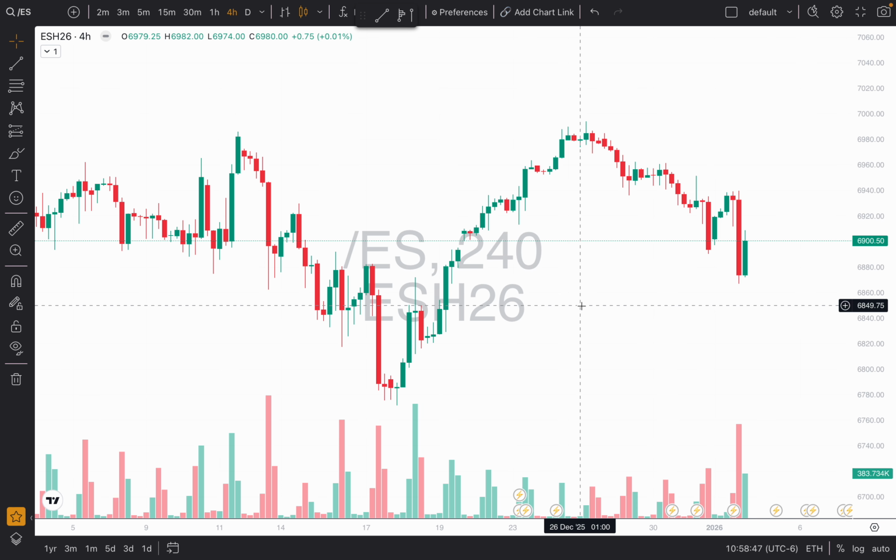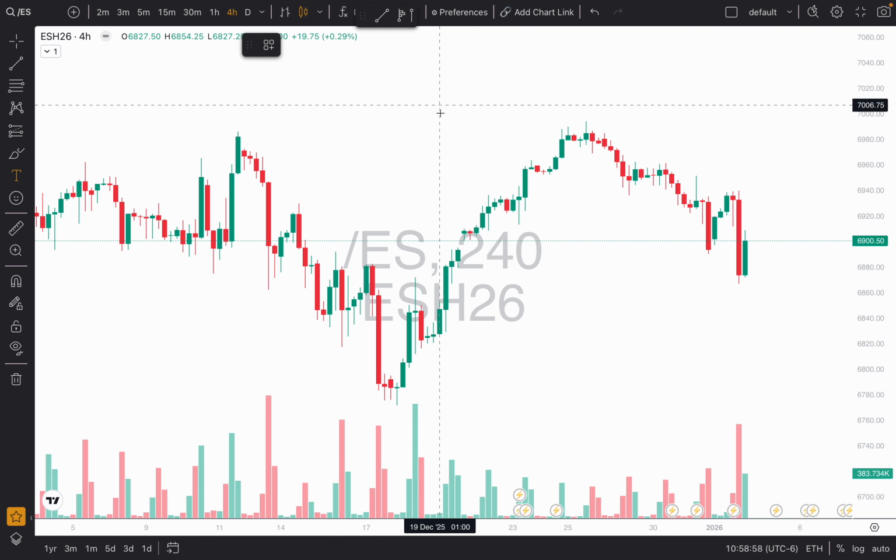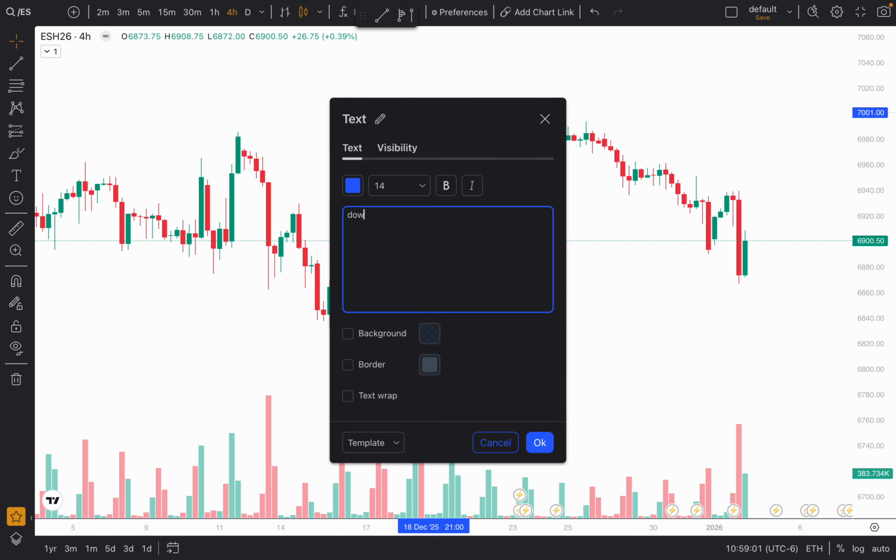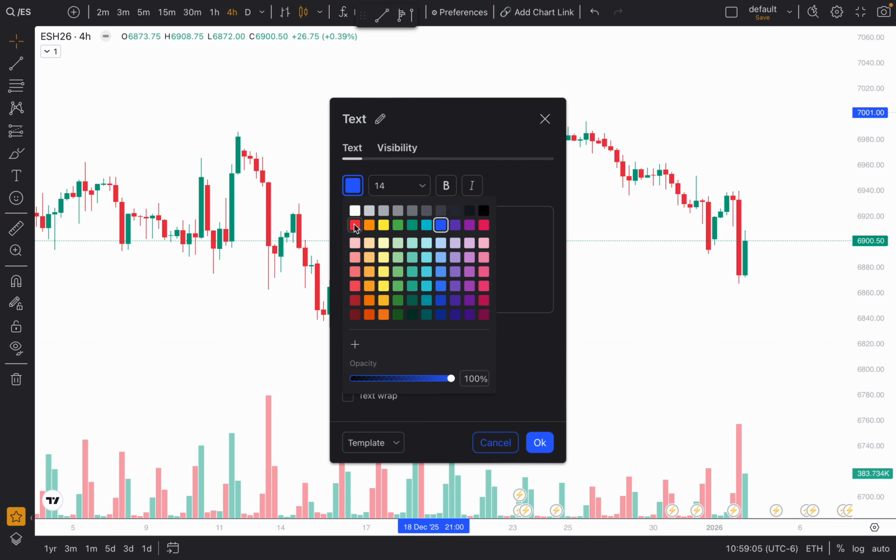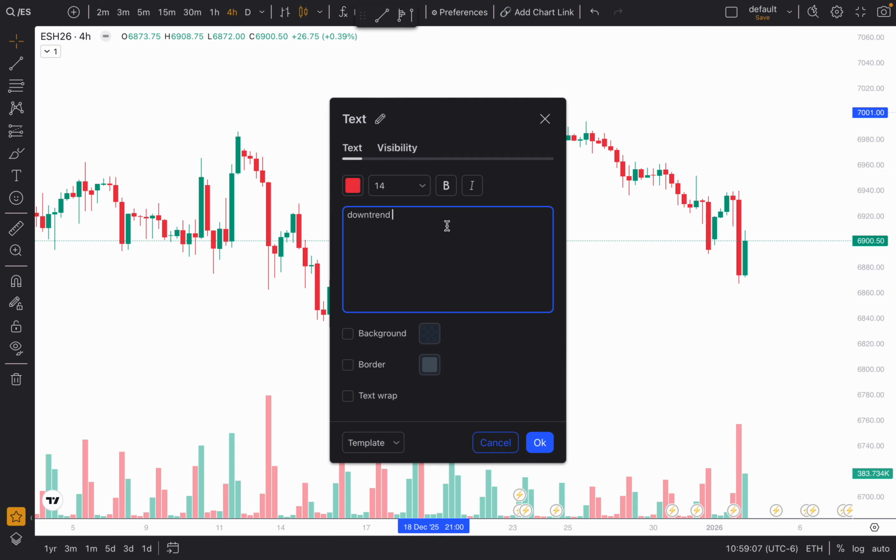Now that we know what highs and lows are, we can get into these trends and get a little preview on them. When we're talking about a downtrend, that means price is moving in lower lows and lower highs.